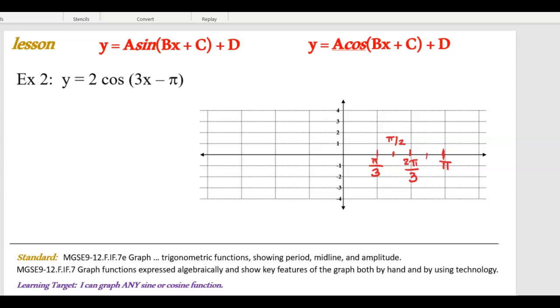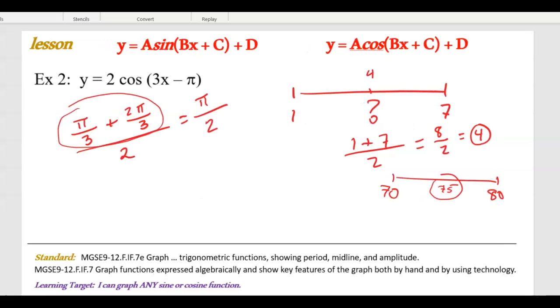Okay, so now we need to find the exact value between 2 pi over 3 and pi. And once again, there are numerical shortcuts for that, but this method, 2 pi over 3 plus pi, is 5 pi over 3, over 2.